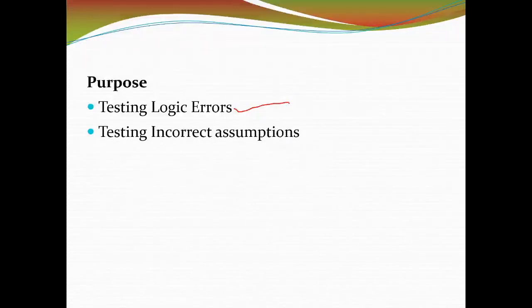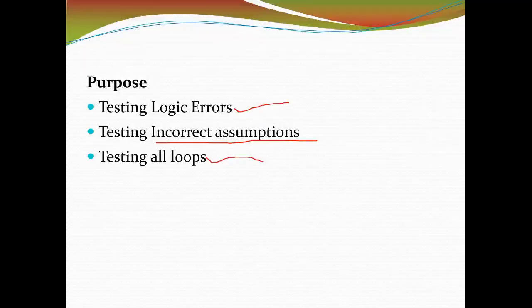Testing incorrect assumptions. You are going to assume and write the code, and if there are some wrong inputs, how your code should behave, all that you assume and you are going to test here. Testing all loops, that is the branches.